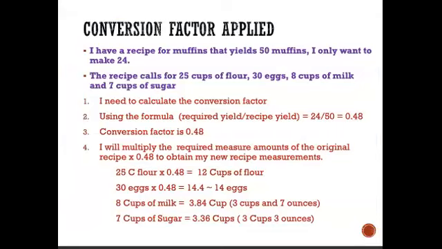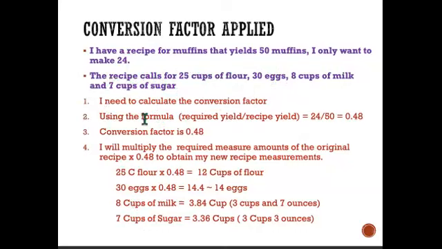So the recipe that I have yields 50 muffins, and the recipe calls for 25 cups of flour, 30 eggs, 8 cups of milk, and 7 cups of sugar. That will give me 50 muffins. But remember, I only want to make 24.